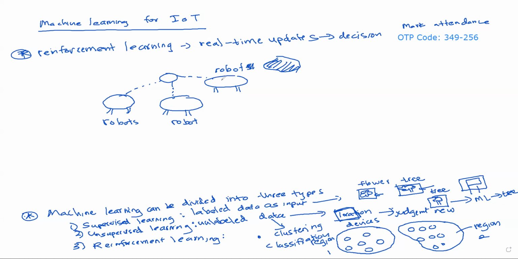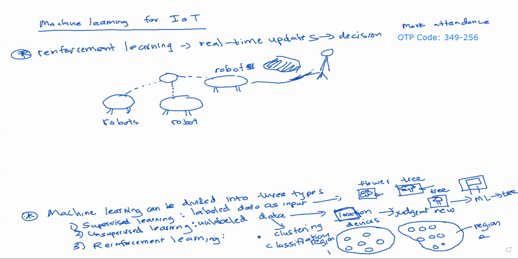So although we train our robot to move along a certain path, if there are some sudden changes in the path, where a certain human, for example, is coming and sitting or standing in the middle of the path, then the robot needs to observe that situation and take decisions in real time to change its direction or change its path based on the data.